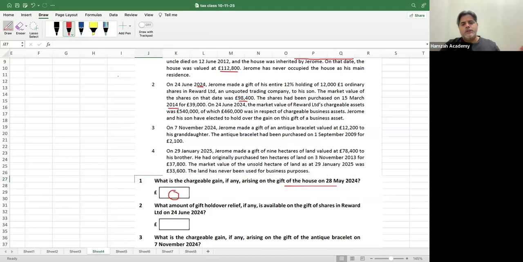When an individual makes a gift of shares in their personal company where the ownership is for more than 5%, the gift holdover relief is restricted by reference to the proportion of the company's chargeable business assets to its chargeable assets.